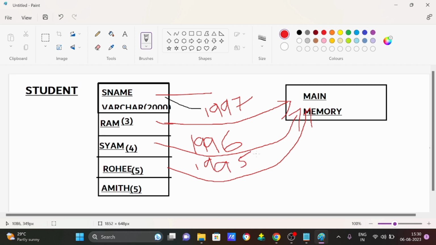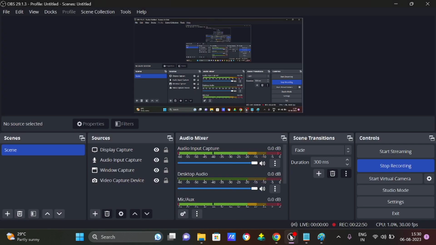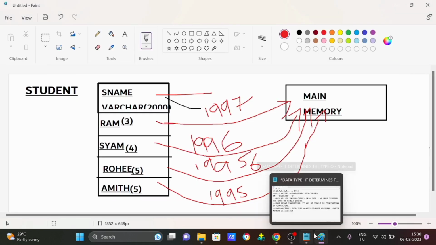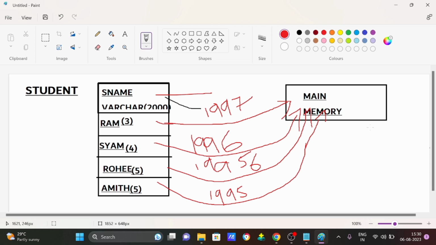So the length of the data is variable, so it can be changed and allocated as per the requirement. Now, this is how the entire processing happens in varchar of size data type.